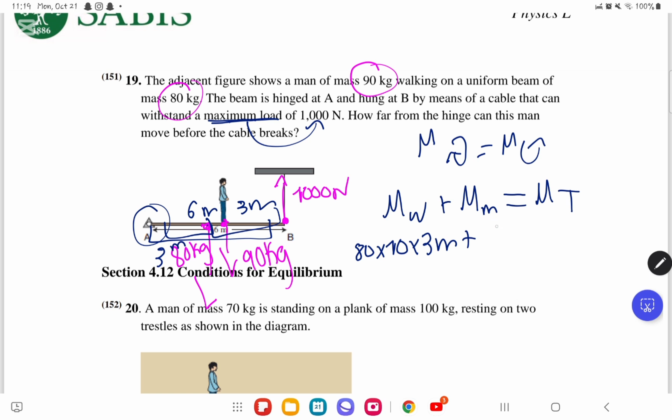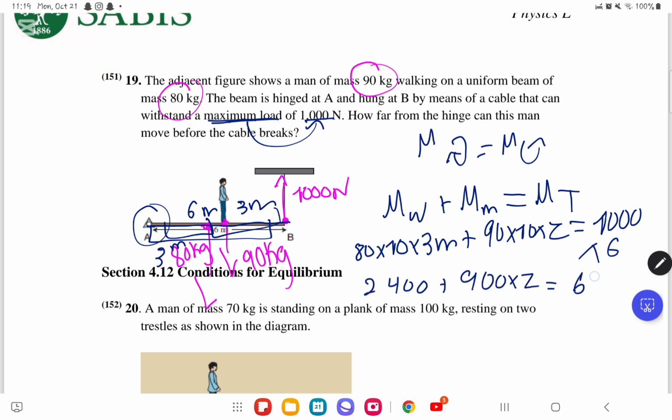Plus the moment of the man, which is 90 times 10 times the distance we need to find, we will call it Z, is equal to the moment of the tension, which is 1000, the force, multiplied by the distance. The distance is the total distance, which is 6. So we will get 2400 plus 900 times Z is equal to 6000.